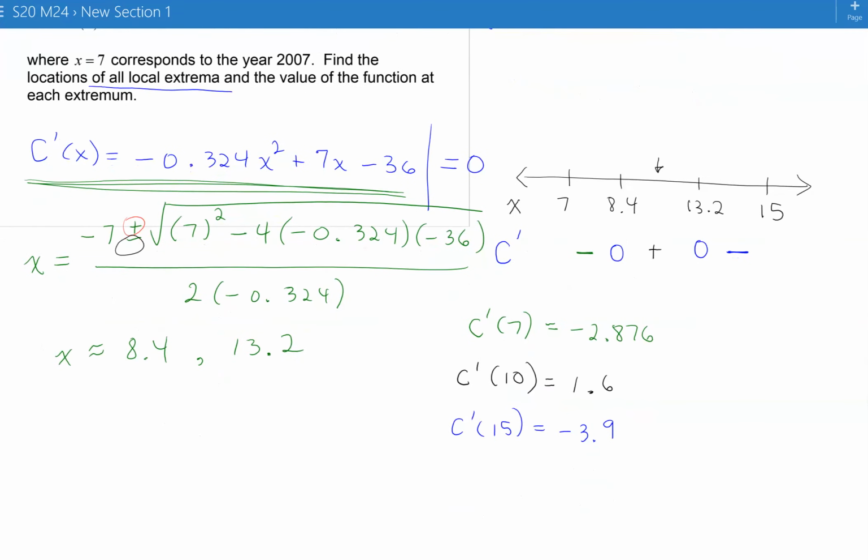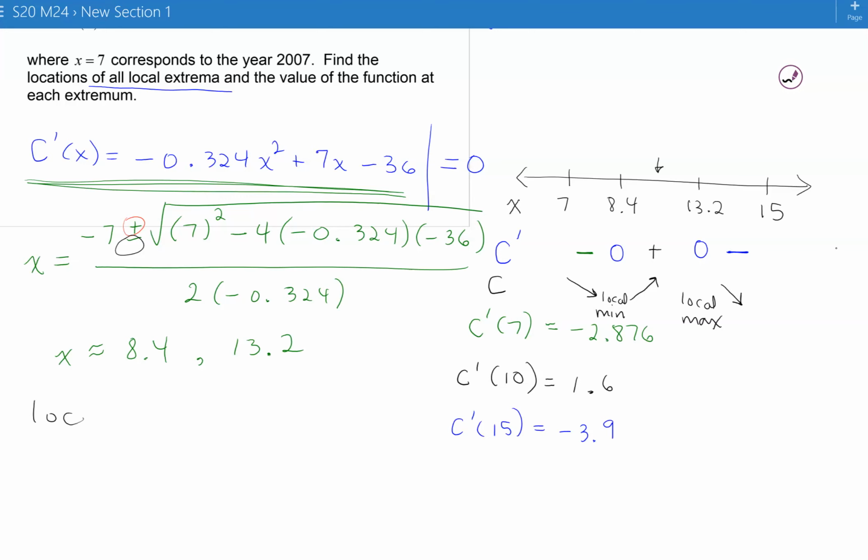So now we know what's happening with C is it's going down, and then up, and then down. So we know we have a local min and a local max.